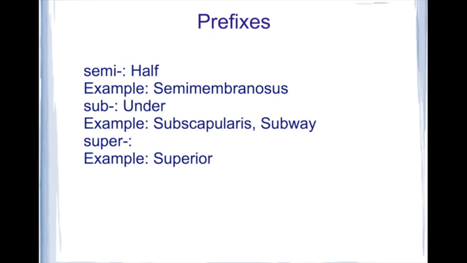It elevates the scapula. Superior means above, so it's going higher than something else. Think about the vena cava, the veins that bring blood back to the heart. You have one that's above the other, and that would make that the superior vena cava. The other one is the inferior vena cava.